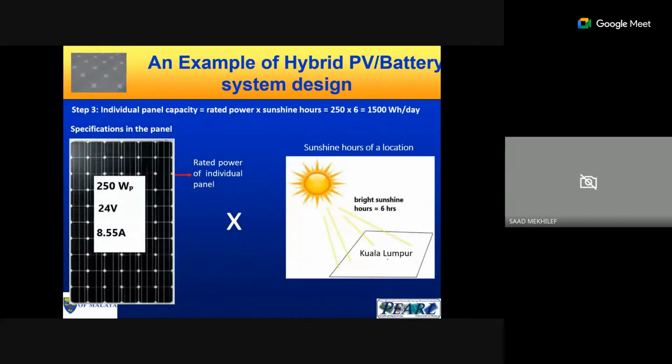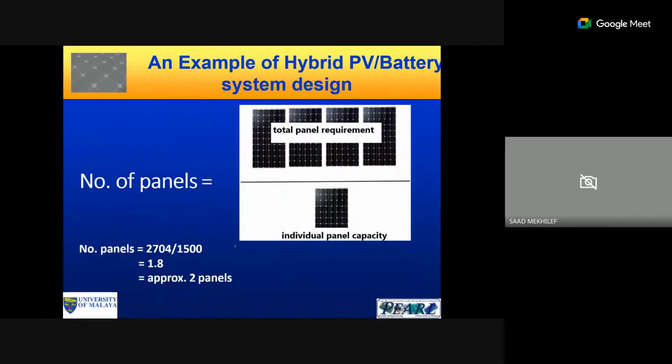And then we assume a location. We have explained this very clearly now, the difference between sunshine and sun hours. And then we calculate the number of panels. We got 2 panels required for this load.